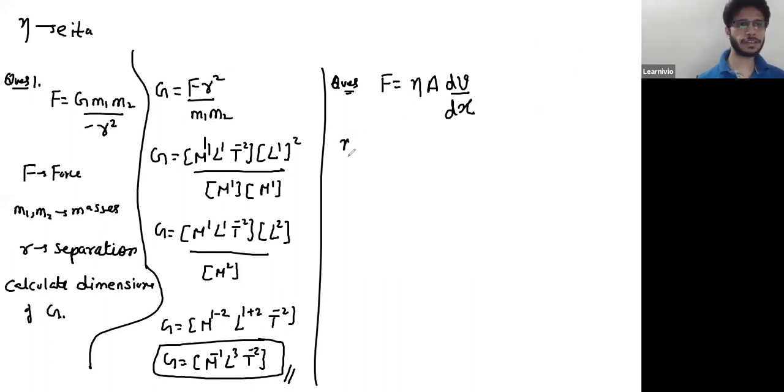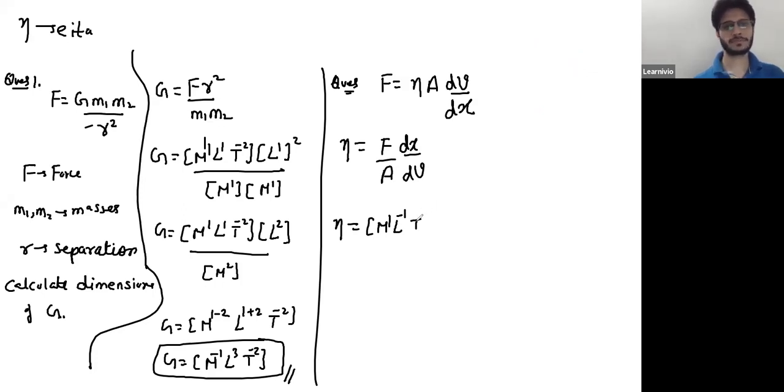So see, you can write eta as F over A times dx over dV. Yes, Janvi, it's right. Force is M1 L1 T minus 2. dx is length, which is L1.